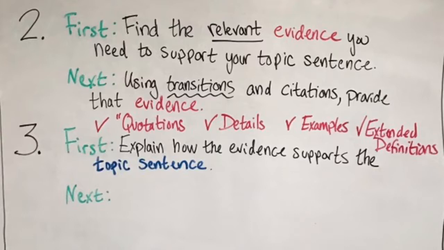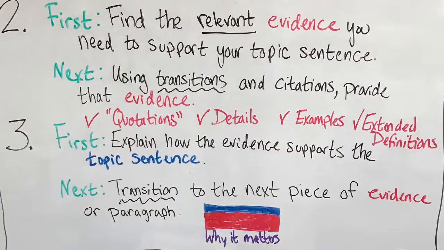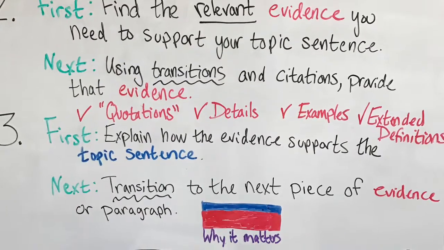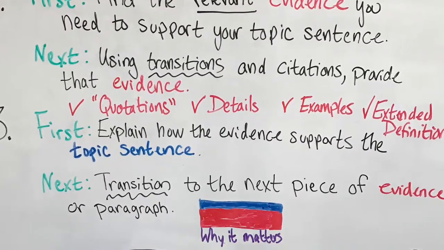That's really important. A good transition for that, if you're stuck again on how to follow up, is something like, this is important because, and then relate it back to your topic sentence. Why does that evidence, or how does that evidence support your topic sentence? The next part of step 3 is that you're going to transition to the next piece of evidence or to the next paragraph.